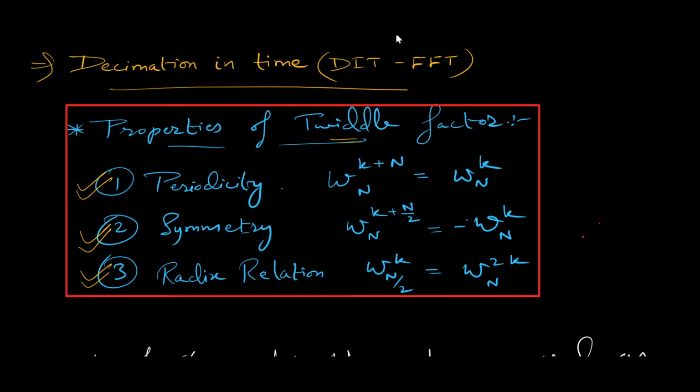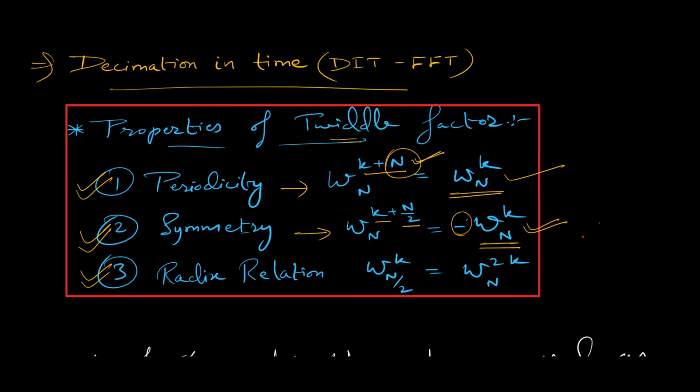Periodicity property says that if k is shifted by n units on a circle, then the value of Twiddle factor will repeat itself at every n distance. Likewise, symmetry property states that if k is shifted by half the length of the sequence, that is n by 2, then we'll have the same value of Twiddle factor, just a minus sign will come in the front, right?